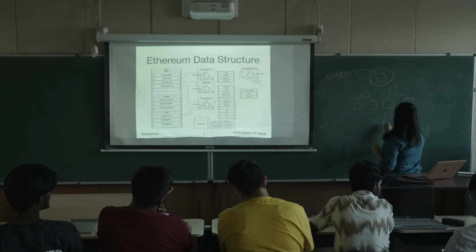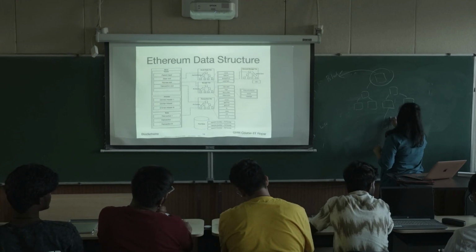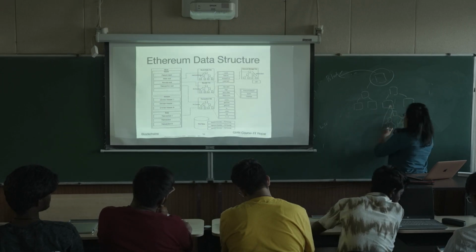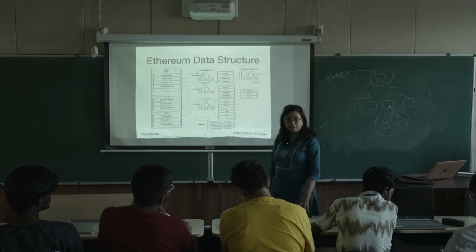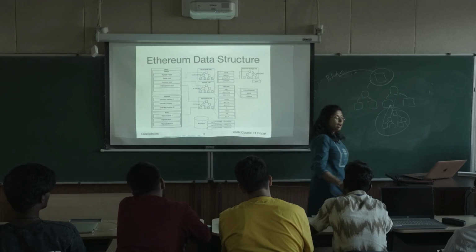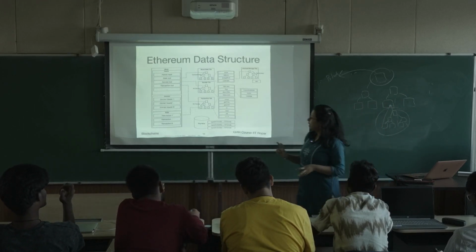And within this, there is another Merkle tree, that is kept here if it is a contract. Okay, so this is how the Ethereum data structure looks.